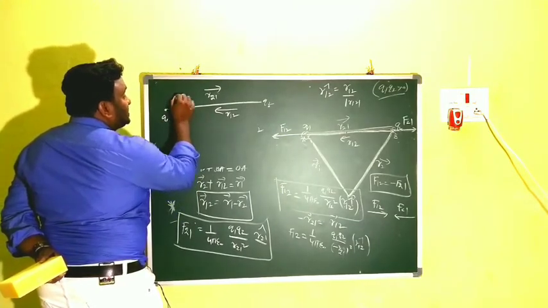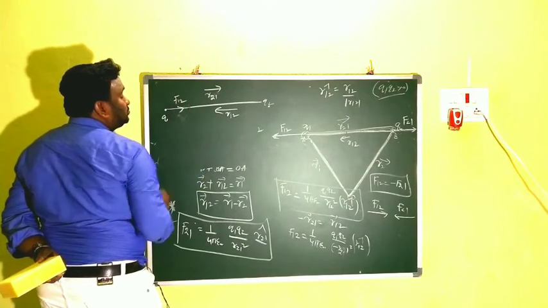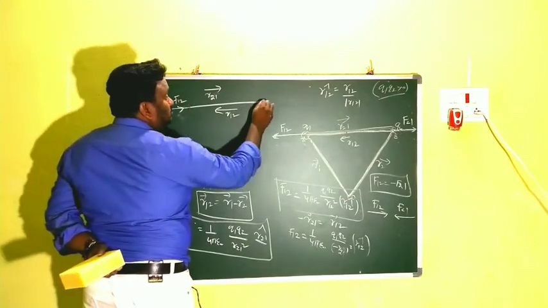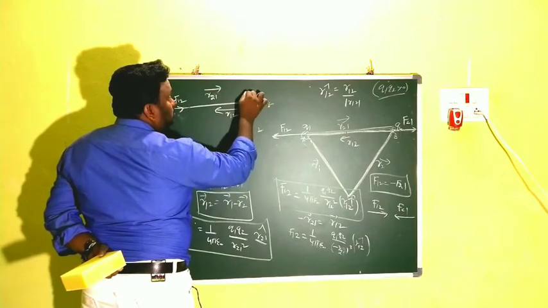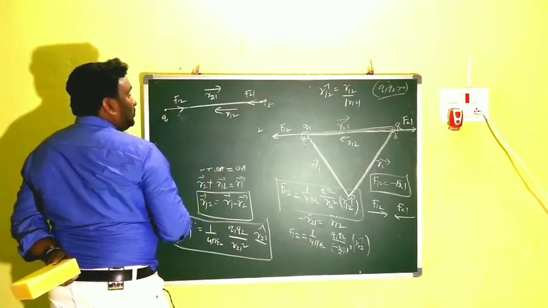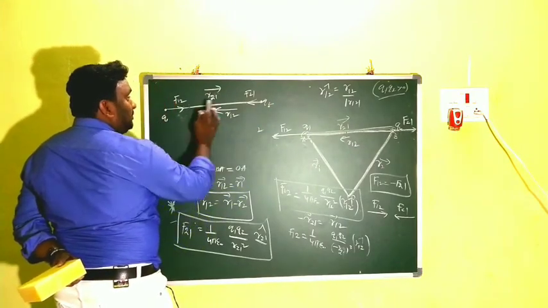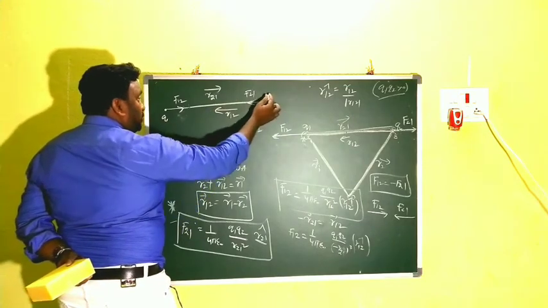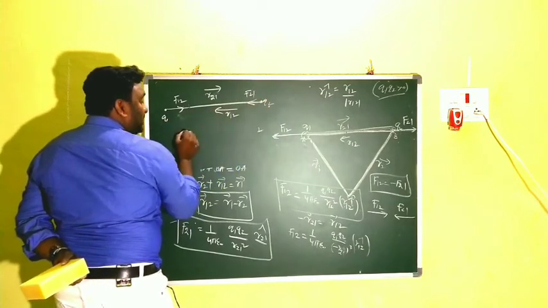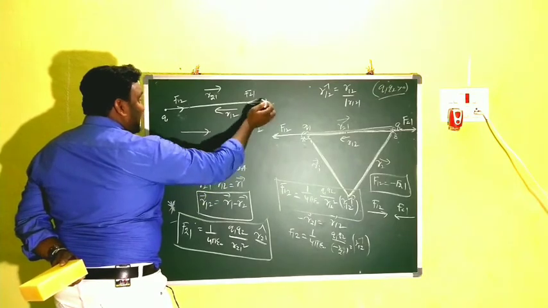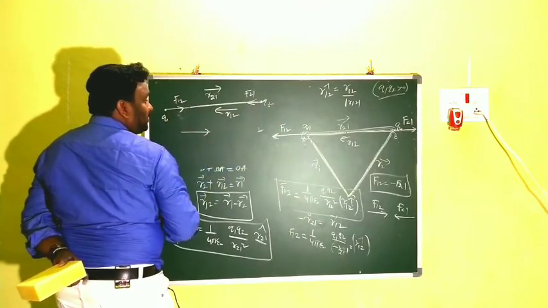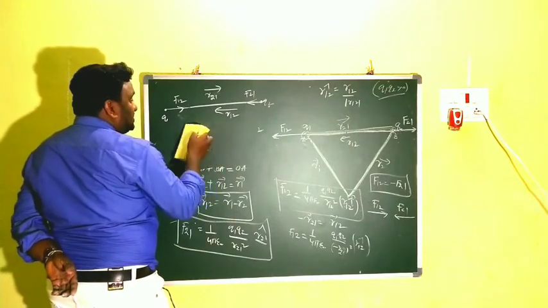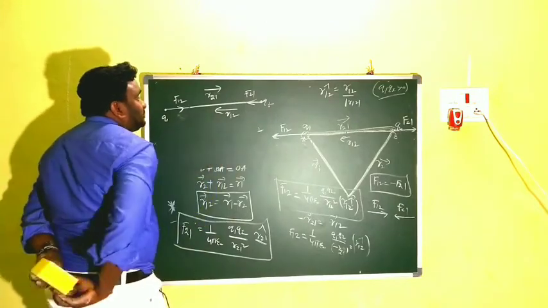Here I am showing that this is F12 and this is F21. The force on the first one by the second one means Q2 is attracting, so we show it like this. Q2 attracts Q1. That is F12. Clear?